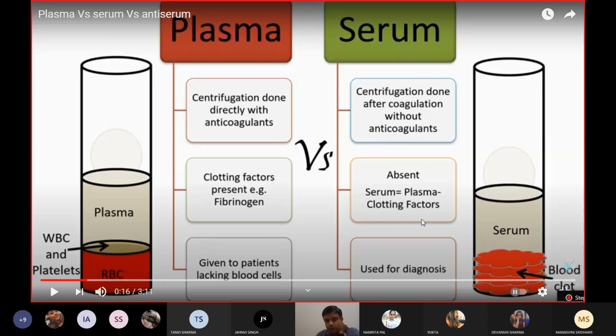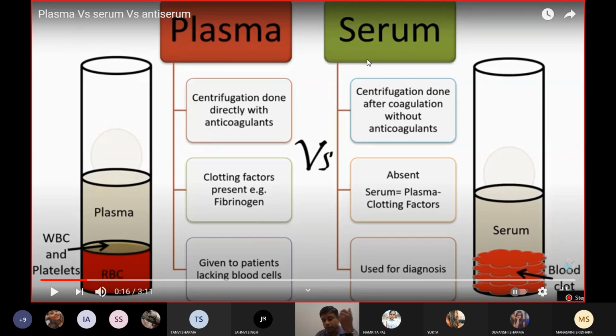Yes, sir. And the use of plasma or serum, so why do you need serum and why do you need plasma? Plasma is basically given to patients lacking blood cells, okay. Whereas serum is usually used for diagnostic purposes.